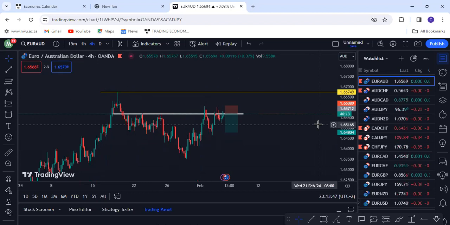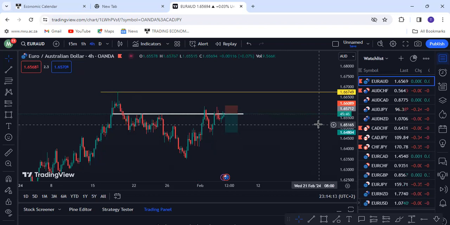But fundamentally, the general idea is that the European Central Bank is seen as one of the first central banks to cut rates, and the Australian Central Bank is seen as one of the last central banks to be cutting rates. Now, that is a divergence.